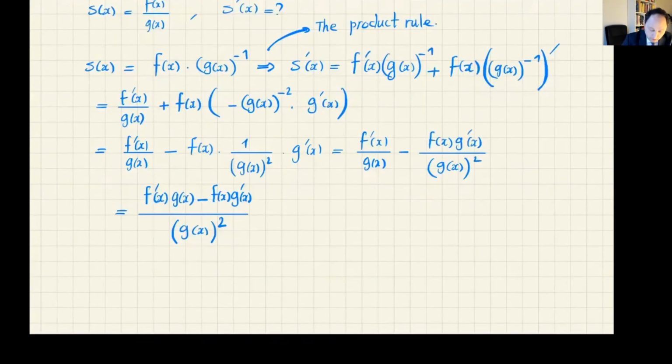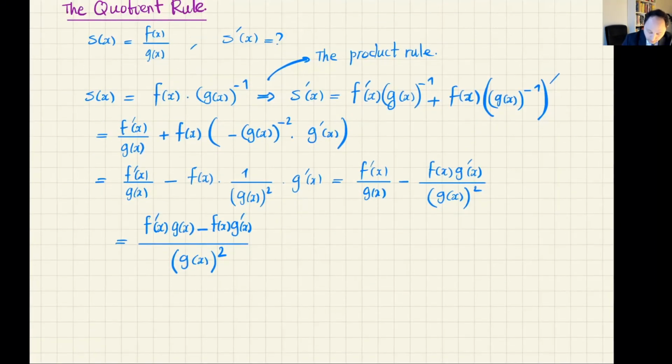So let me write it here for you. If I want to write a simpler version for that, I would say that f over g prime, you see how it reads. It is the derivative of the numerator multiplied by the denominator itself minus the numerator itself multiplied by the derivative of the denominator divided by denominator squared.